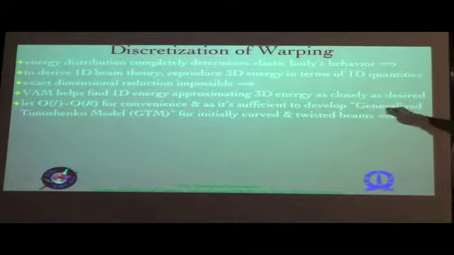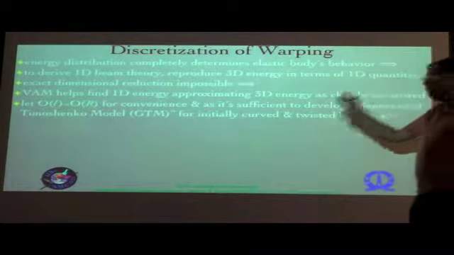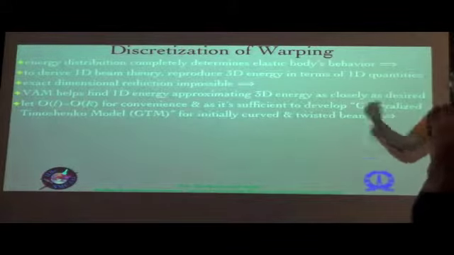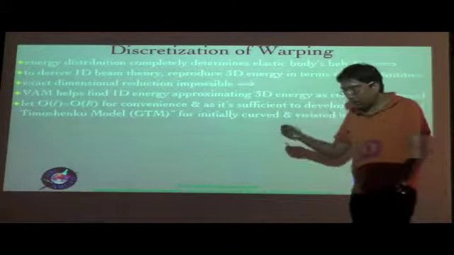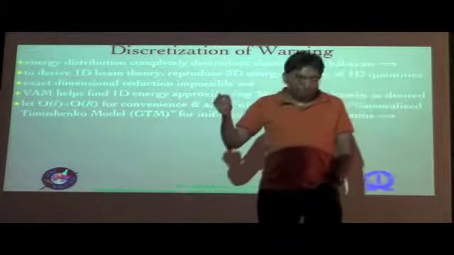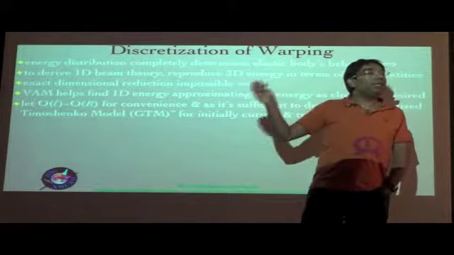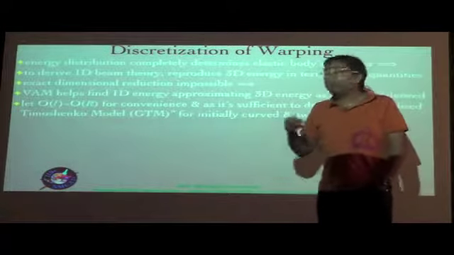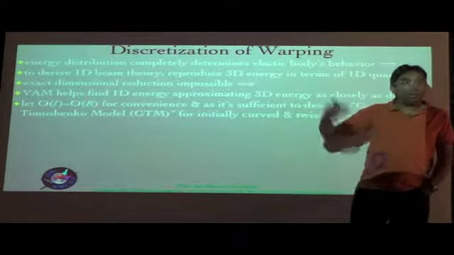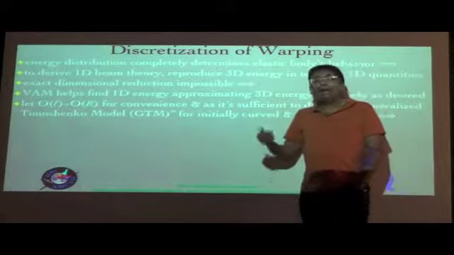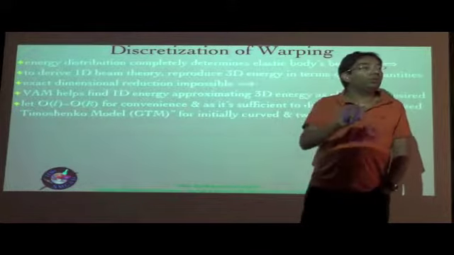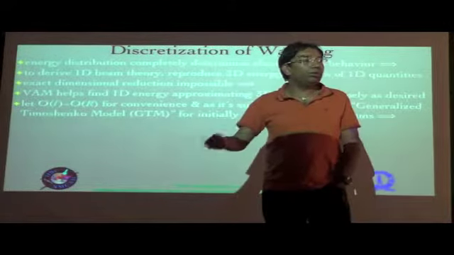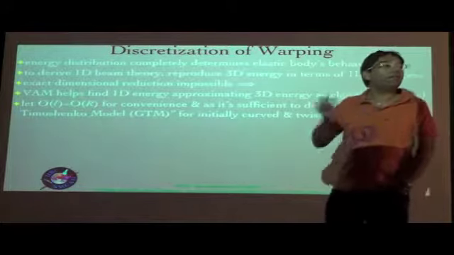Now, what we are going to do is to derive the so-called generalized Timoshenko model, not the classical Timoshenko model, because the classical Timoshenko model is asymptotically incorrect, as I have stated in some of the previous classes as well. Which basically means that we will first derive an asymptotically correct solution and then try to force that solution to look like a Timoshenko beam by minimizing the error between the two.